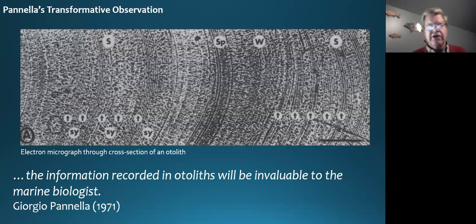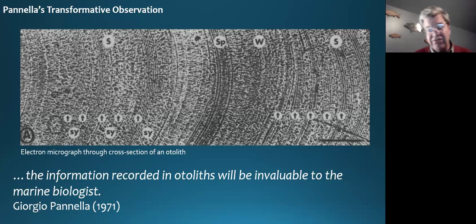There was really a transformational discovery with otoliths that was published in 1971, not by a fish biologist, but by a Yale geologist in Science, Giorgio Pannella from Yale University. He published a paper, and he said, these little rings in the internal structure of otoliths that you guys have described over these years and kind of ignored, I think they're daily.